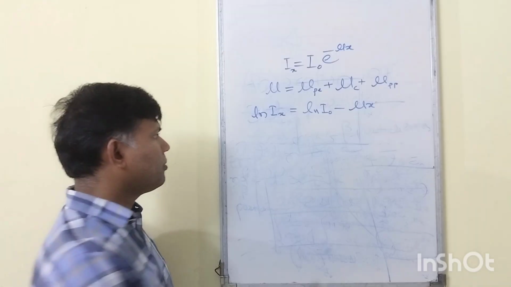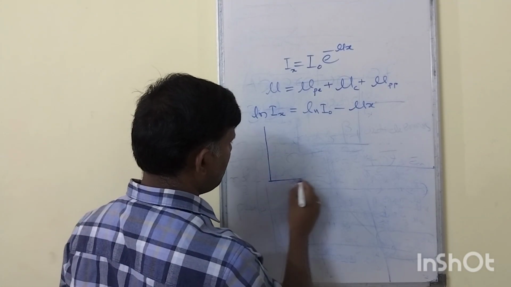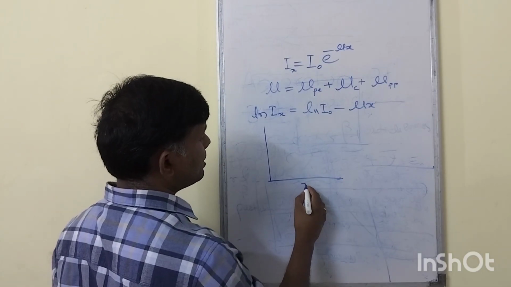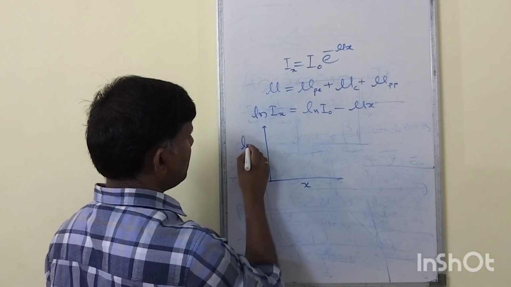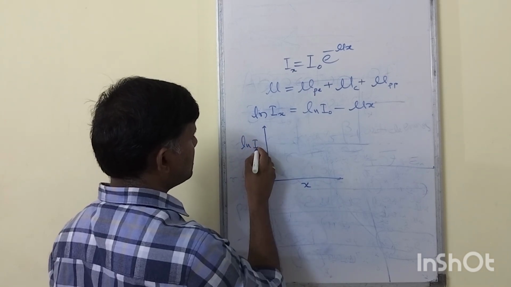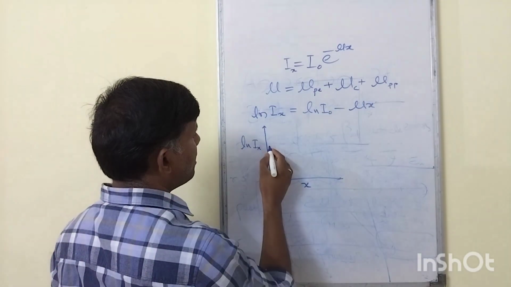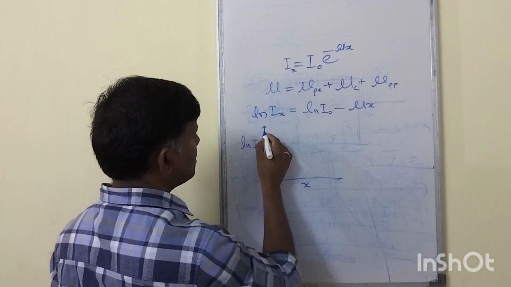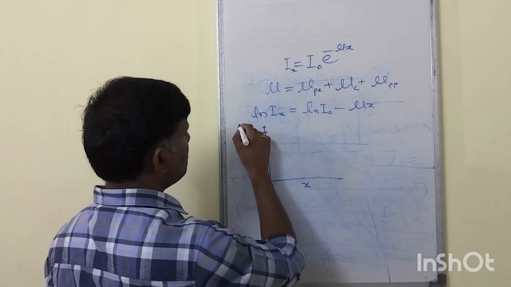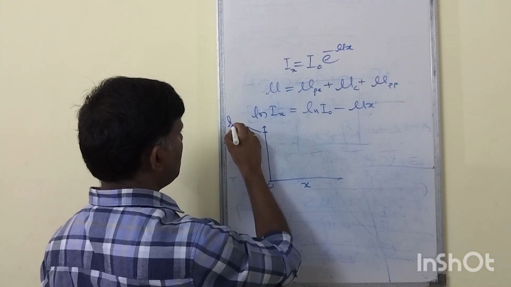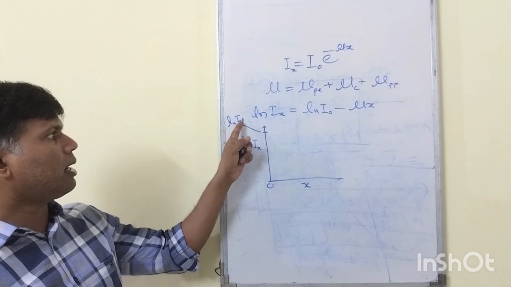If you plot the graph for a particular medium, this is the thickness of the medium and this is the logarithmic intensity. How does ln Ix change? When x is equal to 0, ln I0 will be there. So this point, when it is entering, is ln I0.